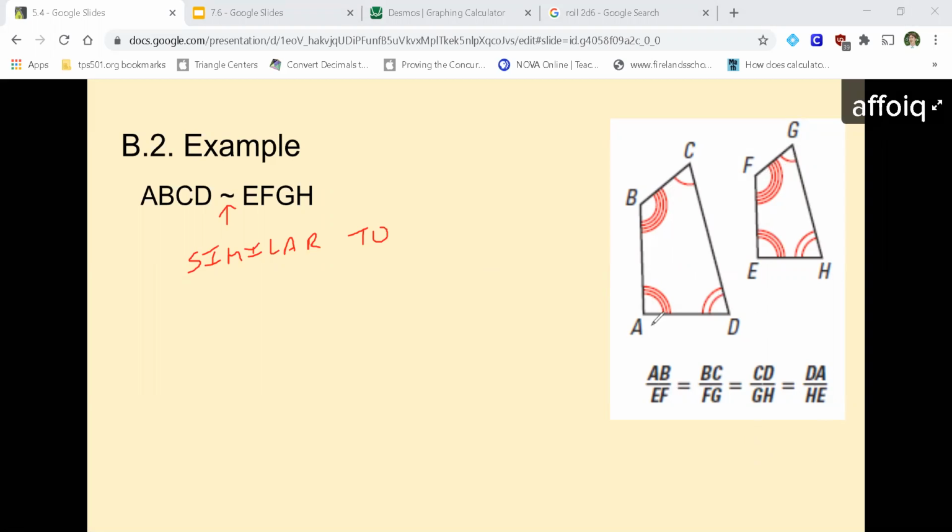If I make up some numbers arbitrarily, let's say this was 10, 4, 6, 8. Then these numbers over here would have to be proportional to them. If the ratio was 2 to 1, then these sides over here would be 5, 2, 4, 3, where each side over here is twice as big as the side over there. They have that proportion between them of 2 to 1.